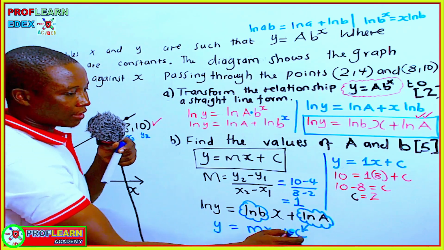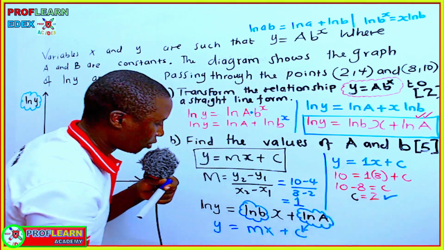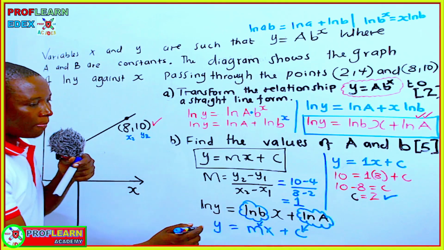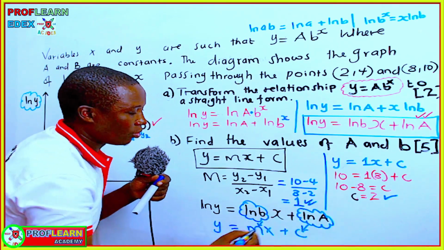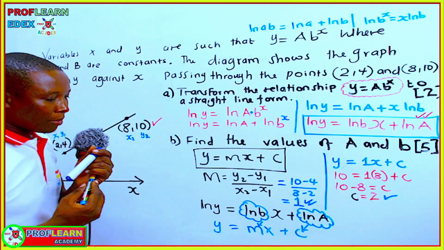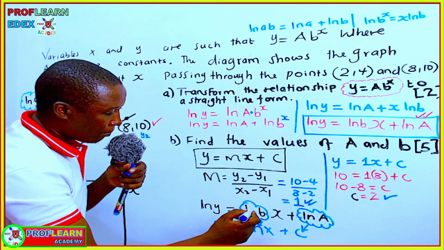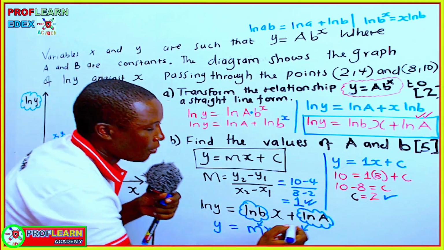And the y-intercept, we have gotten it to be 2. And the gradient is the one that we have at that point.